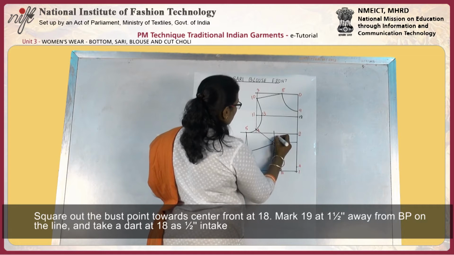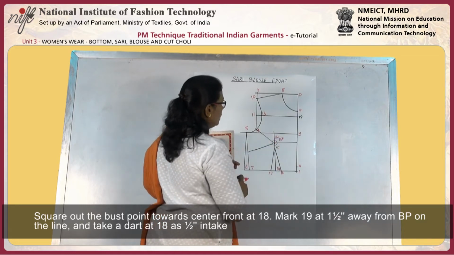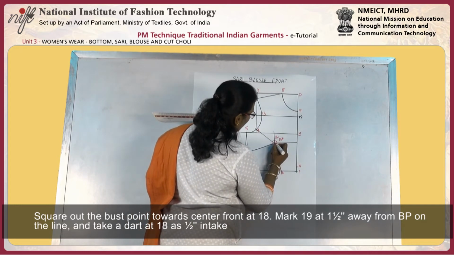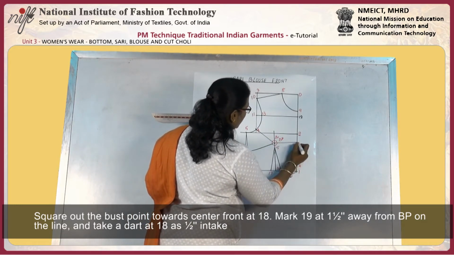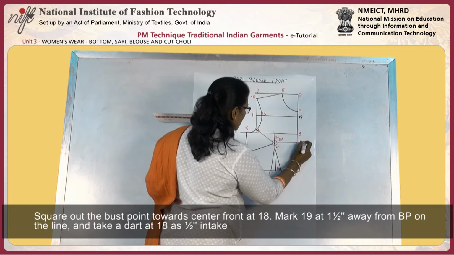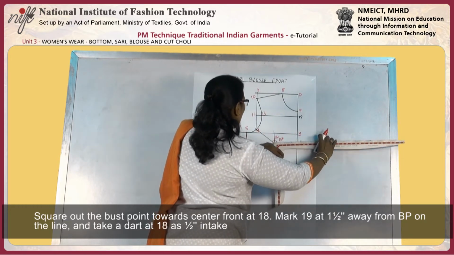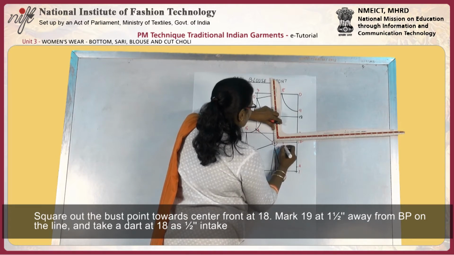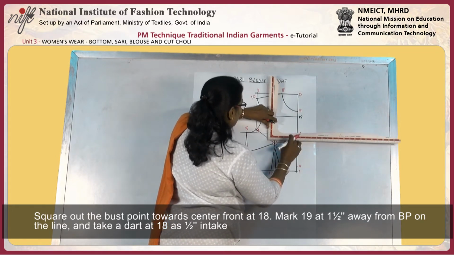The bust point can be 20, and the point which you are squaring out to the center front is 18, and mark 1.5 inch away from 20 as 19.